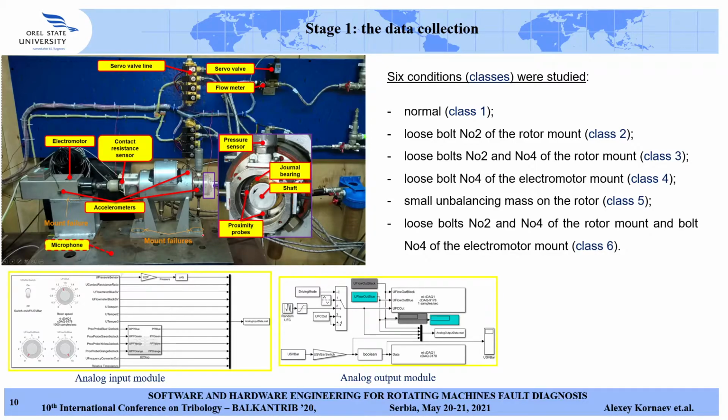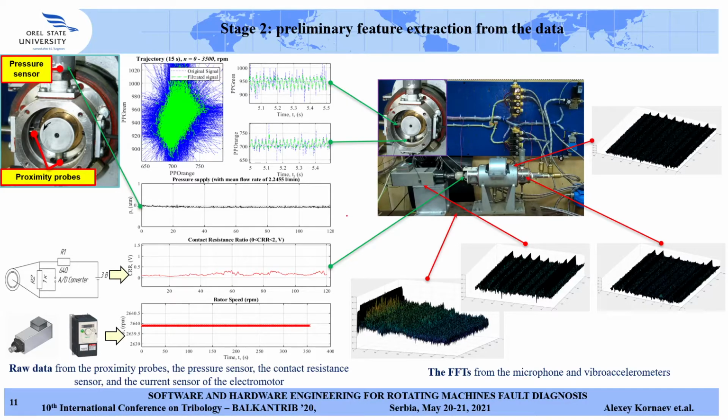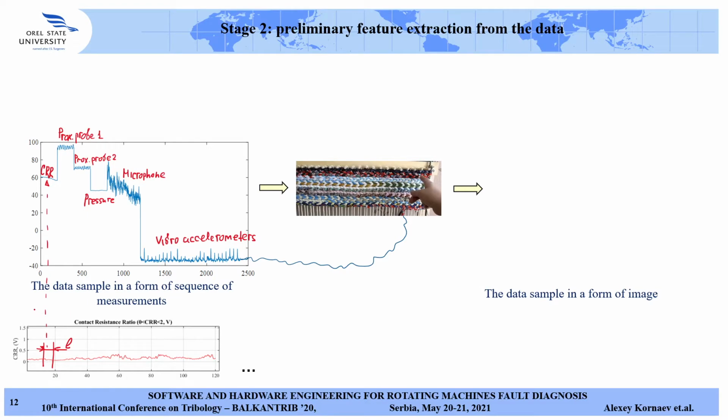We decreased the torque on the bolts here, here, and here, and their combinations. And we used one more class, when the rotor has a small additional mass that makes it unbalanced. So we had 6 classes, including 1 normal class. Then we collected data from these sensors in different forms, like raw data and data pre-processed using FFTs, from the microphone and vibro accelerometers, and collected it into samples.